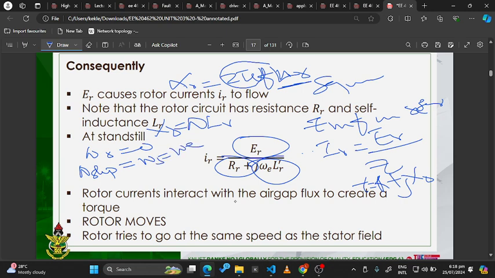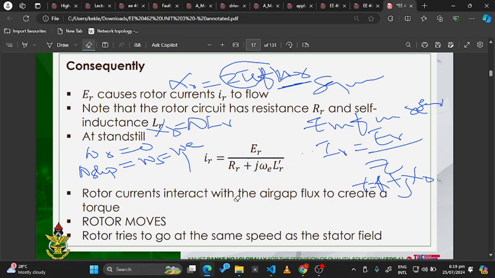So therefore, this will be the current that will flow at starting. Remember, this is the current that will flow at starting. As we said earlier, we are going to divide this by S. I will explain how that comes about.